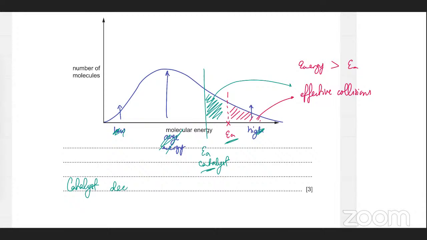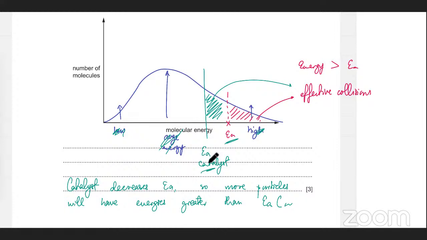So catalyst decreases activation energy, so more particles will have energies greater than EA, the activation energy due to catalyst, which is going to be a lower activation energy. So more effective collisions would take place. Is this clear?